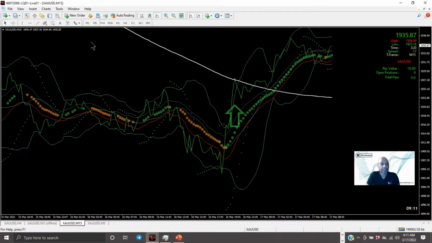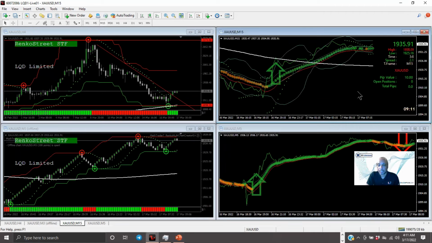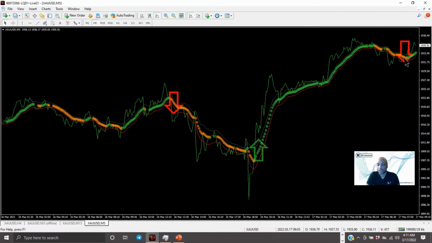So now that we see 15 minutes is on the up and up, we go to the 5 minute. 5 minute is showing a down arrow. Now this is showing conflict, right? You want to trade when there is correlation, and it's easier to notice that when the 5 minute and the 15 minute were in correlation, the market was in an increase.